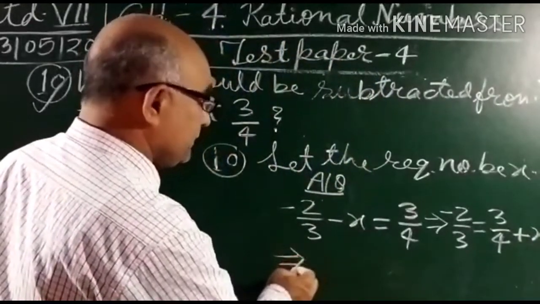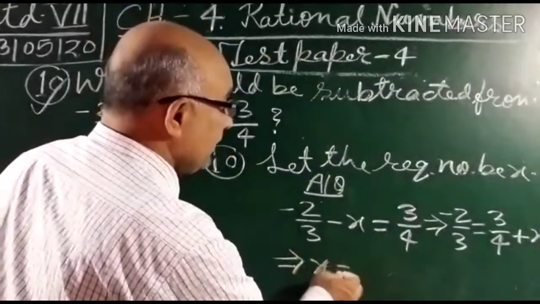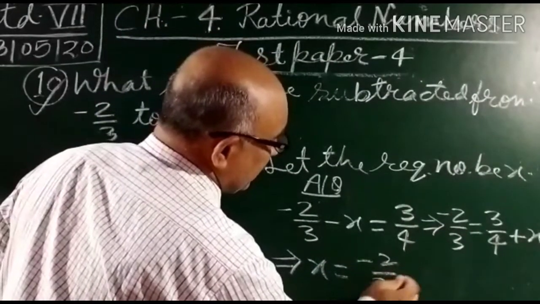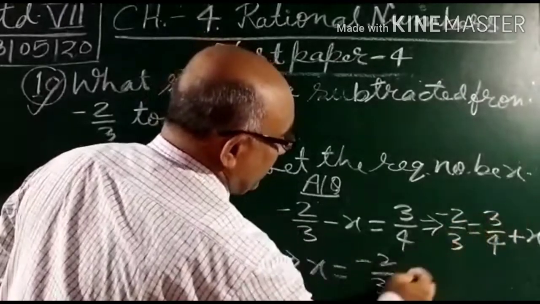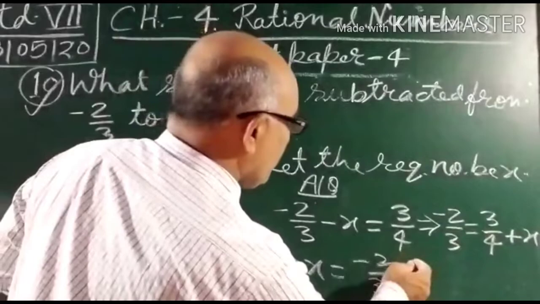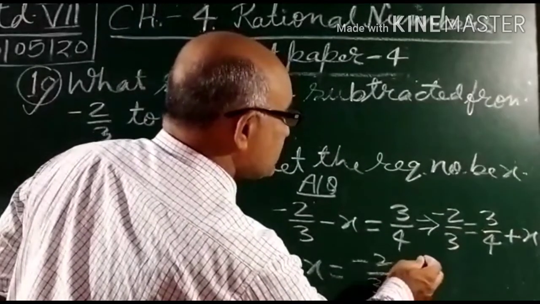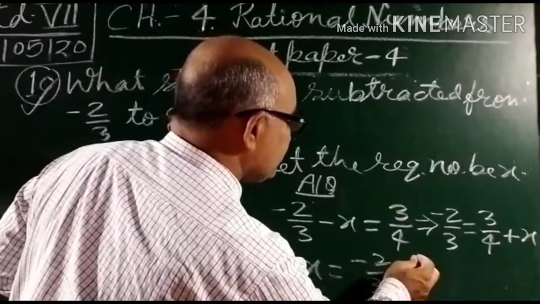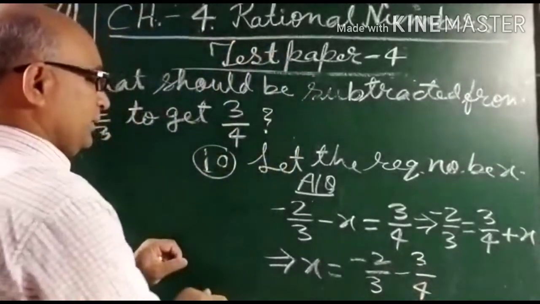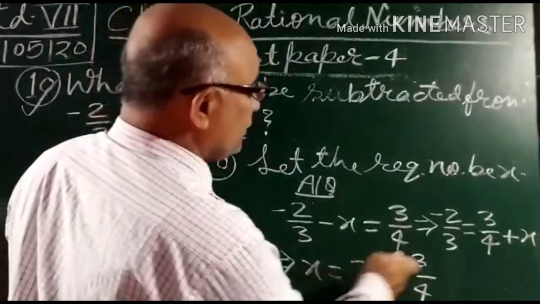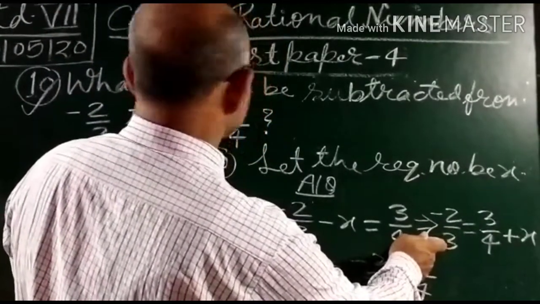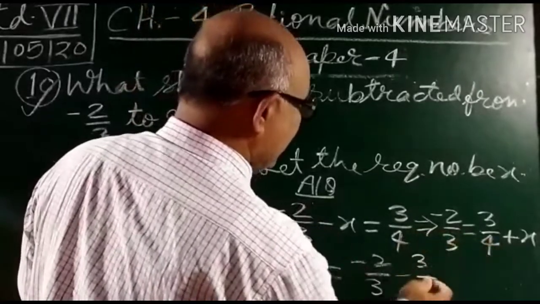Next step, that implies x equal to minus 2 by 3, and 3 by 4 by transposition changes into minus 3 by 4. So x equal to minus 2 by 3 minus 3 by 4.